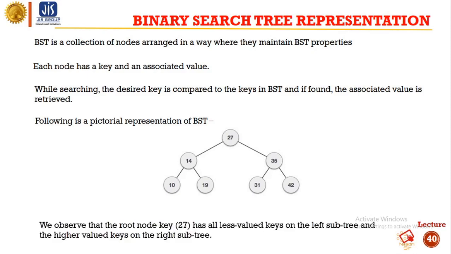So here we can see that the root node 27 has all the lesser valued keys on the left subtree and all the higher valued keys on the right hand subtree.